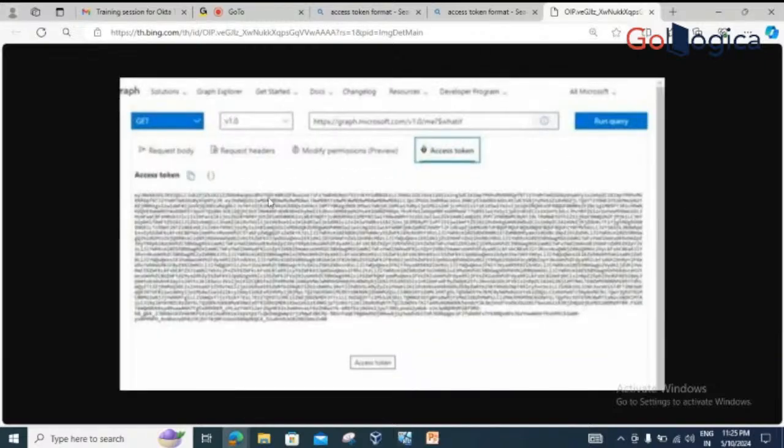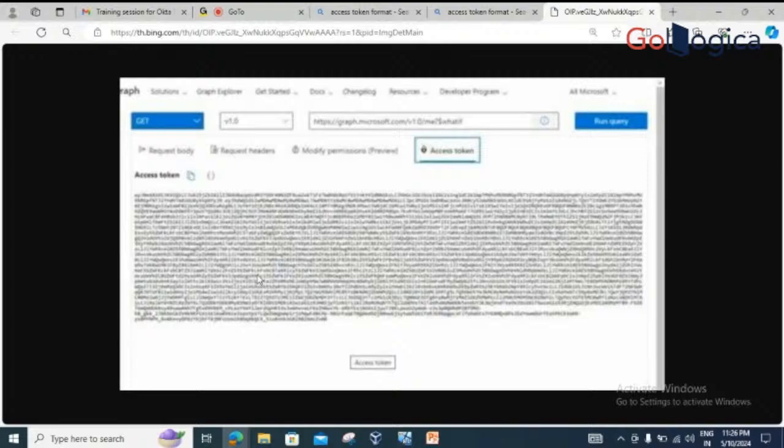For me, it's totally an alphanumerical type of script, or totally alphanumeric words, which contain lots of information. It's in an encrypted form, and then it is decrypted to get the information. So these access tokens are multiple long strings.